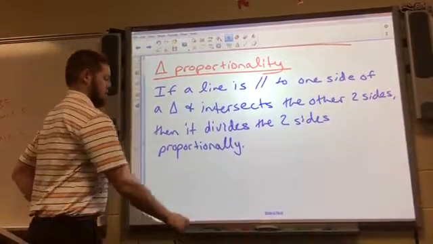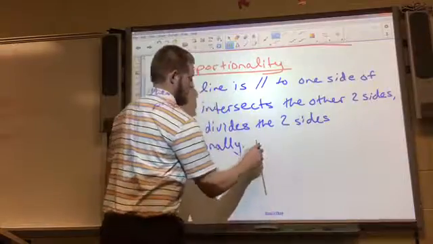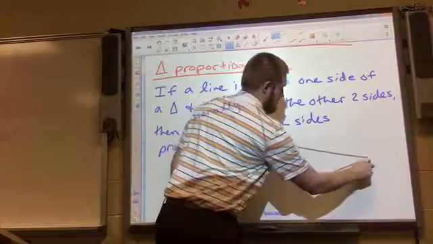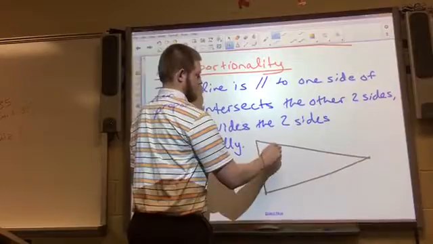The diagram to go along with this is going to look something like this.